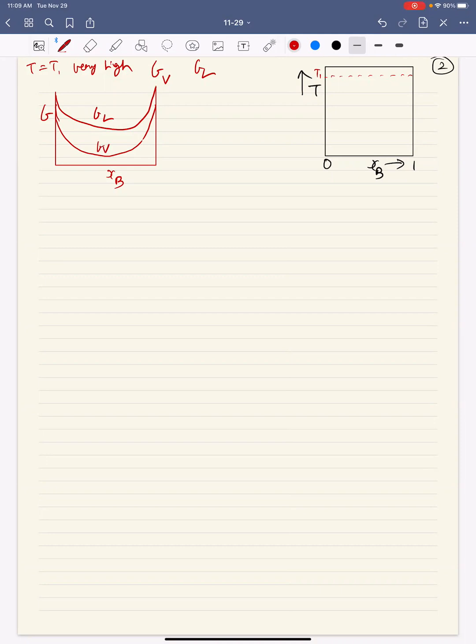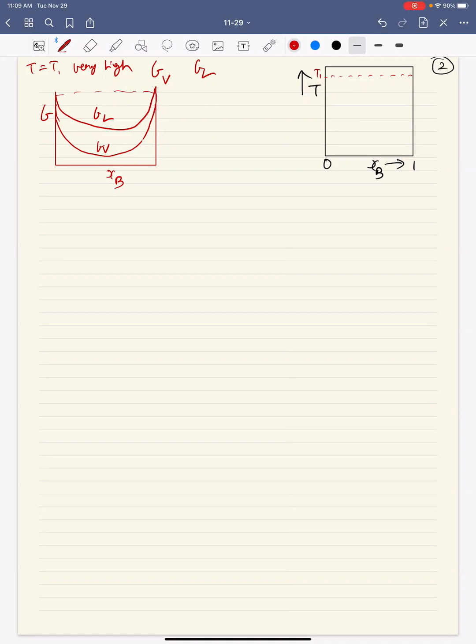What should happen at the end? What should be the ending value for both of these curves? Should they be the same or different? It is the mixing. Remember, it is not the free energy of the pure phase. So it should be the same. In fact, it should be zero, right? There is no mixing at the end, be it liquid, be it vapor. At the ends, you always have zero.